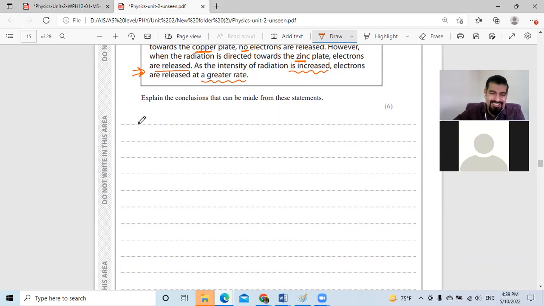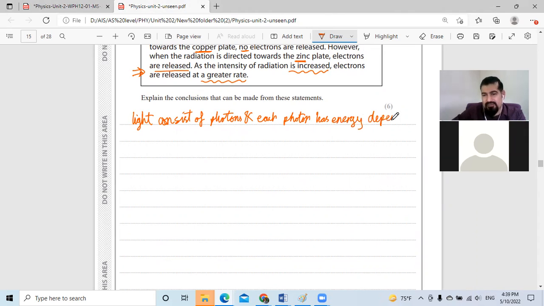This is my statement: light consists of photons, and each photon has energy depending on its frequency.